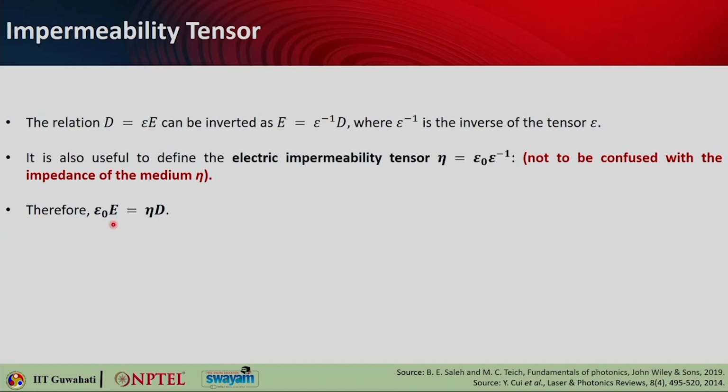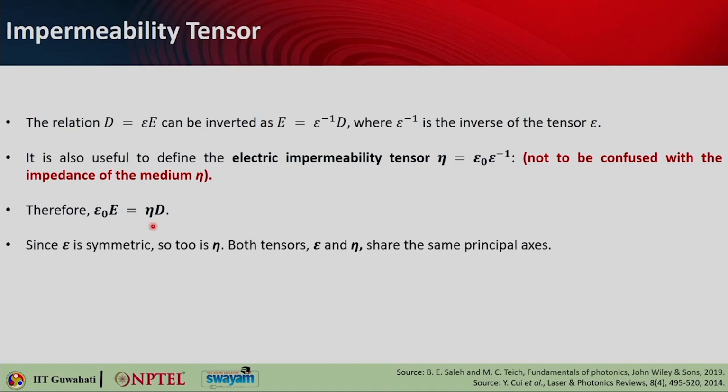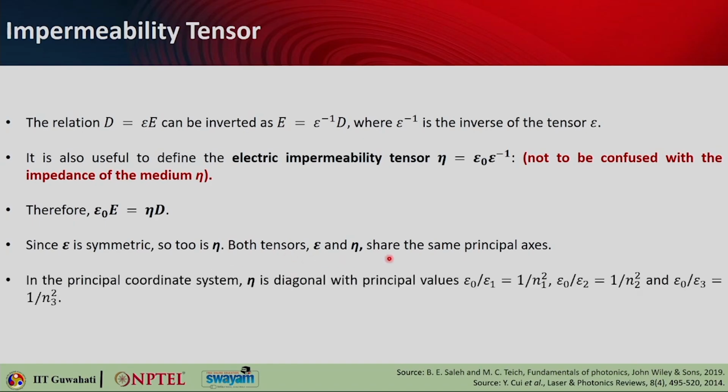So, here you can write epsilon naught E equals eta D. So, epsilon is symmetric, that makes eta also symmetric. So, both epsilon and eta share the same principal axis. Now, in the principal coordinate system, eta is diagonal with the principal values given as epsilon naught over epsilon 1 equals 1 by n1 square, epsilon naught by epsilon 2 will be given as 1 by n2 square, and epsilon naught by epsilon 3 will be given as 1 by n3 square.